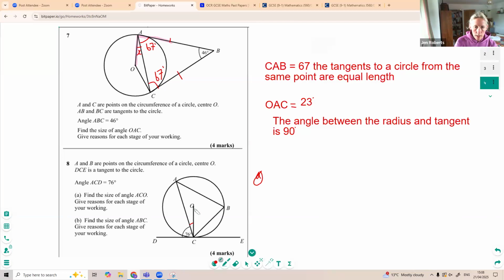Got radius touching a tangent here. So 90, take away 76. 14 degrees. And the reason is the angle between the radius and the tangent is 90 degrees.